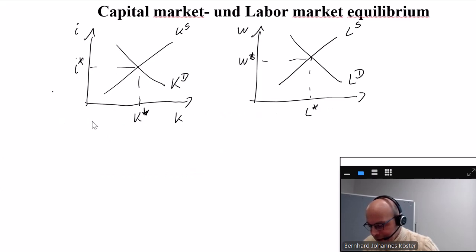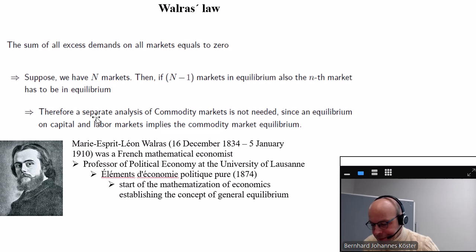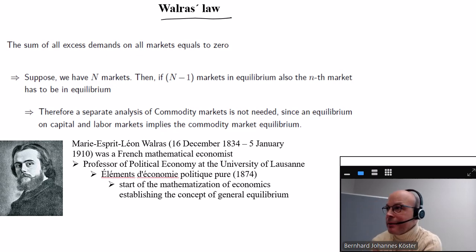Well, and then we can ask ourselves, in general, we would now also need a view on the commodity market. So how much are we producing? And now we take the so-called Walras law from Leon Walras.